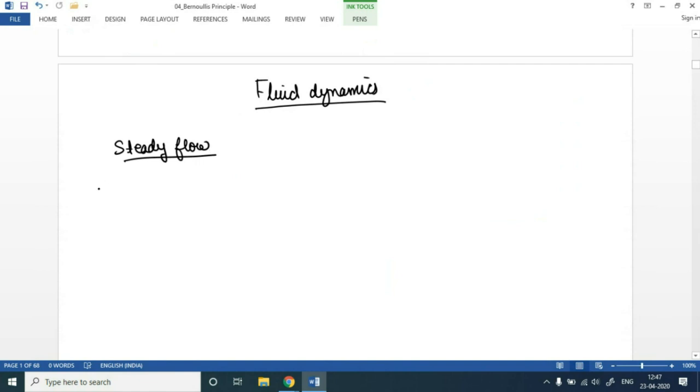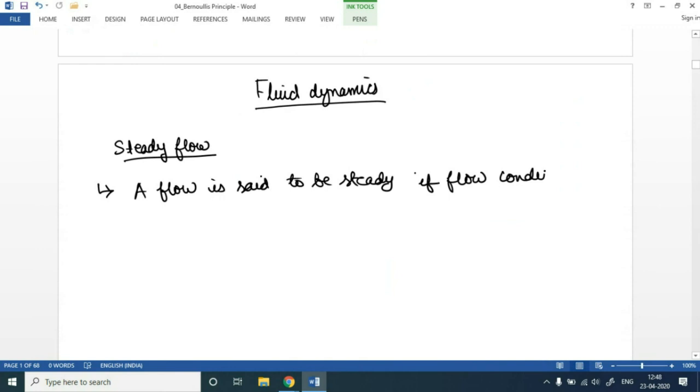A flow is said to be steady if the flow conditions, meaning pressure and velocity at a point, at any point, don't change with time.